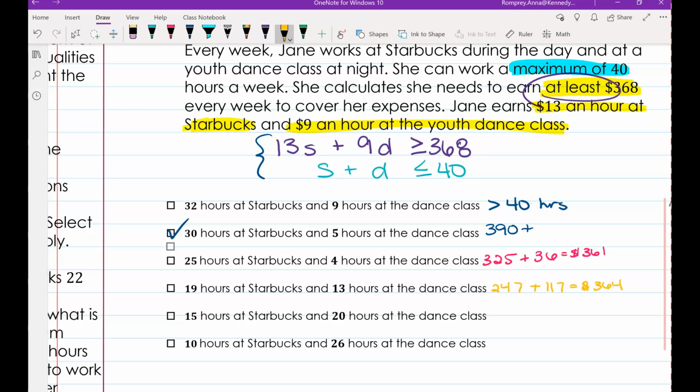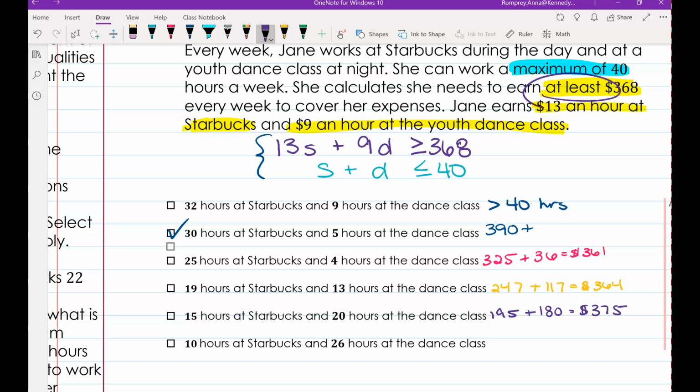All right, 15 hours at Starbucks, 20 hours at dance class, so 35 hours, so we're still under the 40. Let's see if that'll work. 15 hours at $13 each gives us $195. And then 20 hours at the dance class, so 20 times 9 is $180. That gives us a total of $375.